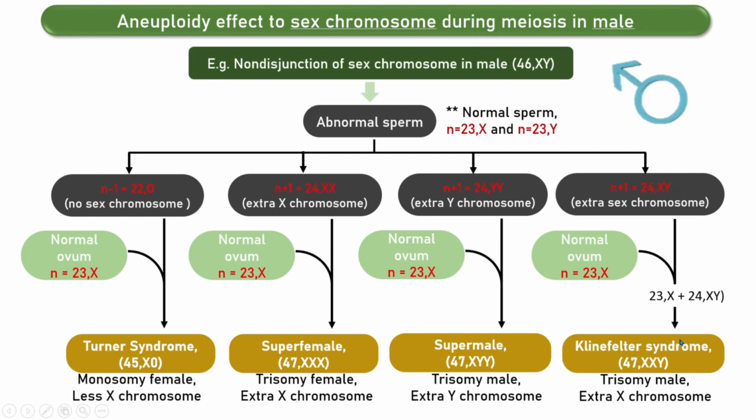So the sex chromosome is XXY, where the X chromosome has 2 copies and the number of chromosomes in Klinefelter syndrome is 47 chromosomes instead of 46 chromosomes.